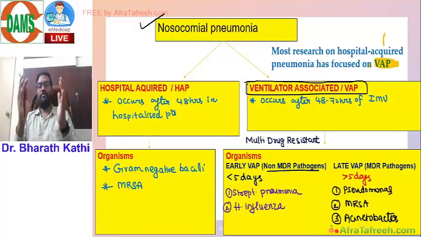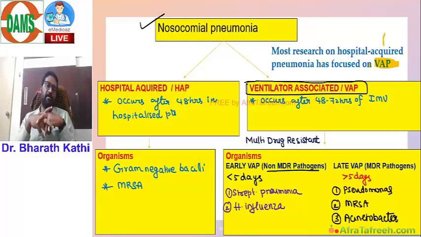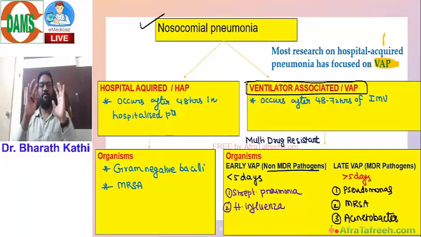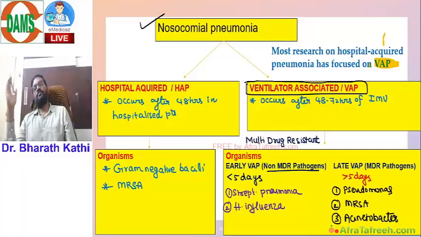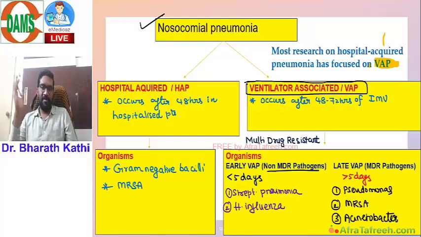If you don't treat a patient properly, the mortality is high. Because of that, most researchers have focused on VAP, so most research on nosocomial pneumonia has been completely focused on VAP only.